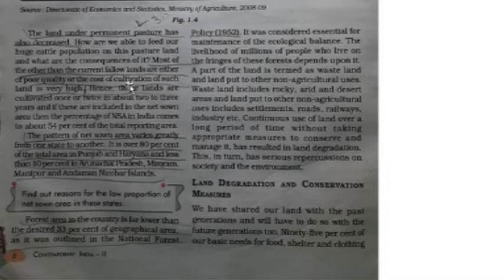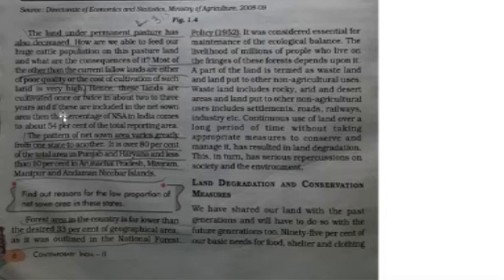So the lands other than current fallow, which are used for one season and left for at least 5 years for another season, the cost for making that land cultivable is very high.